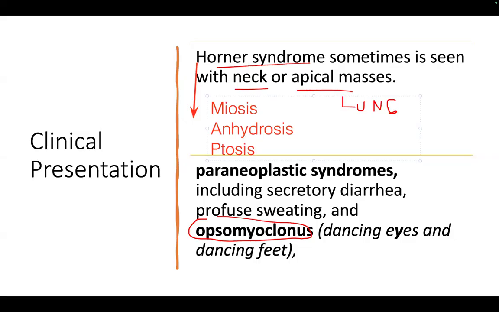Miosis, anhidrosis, and ptosis. That is Horner syndrome.